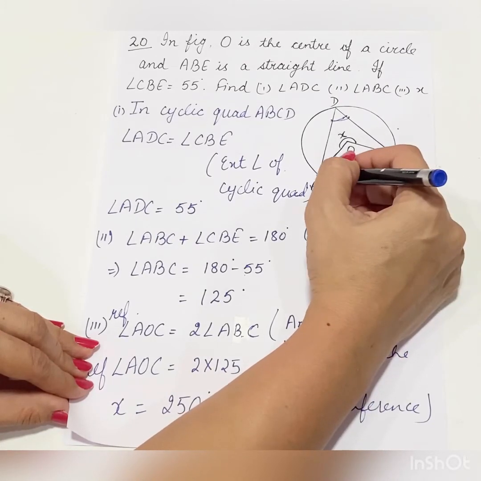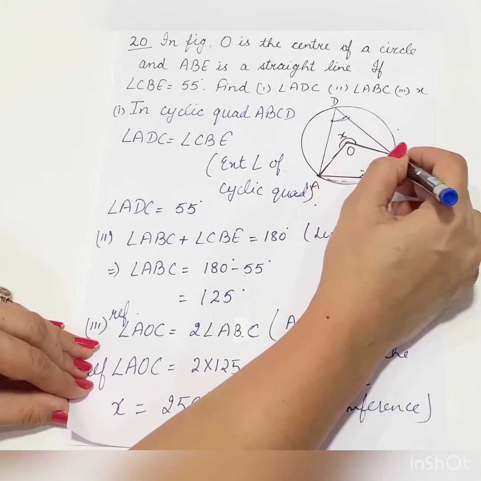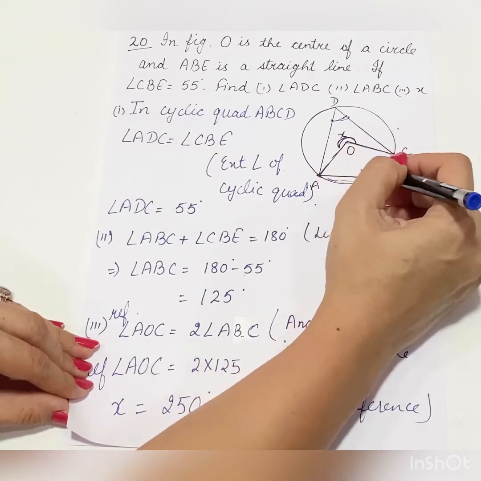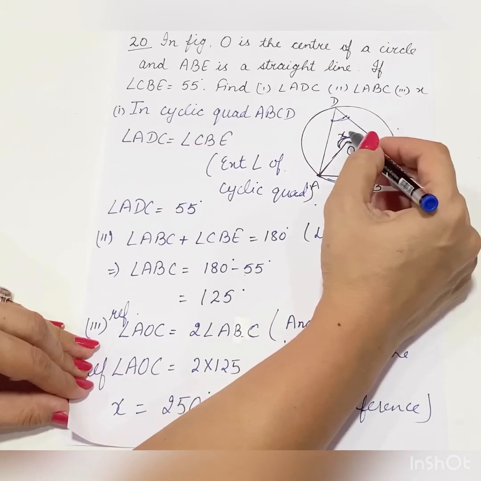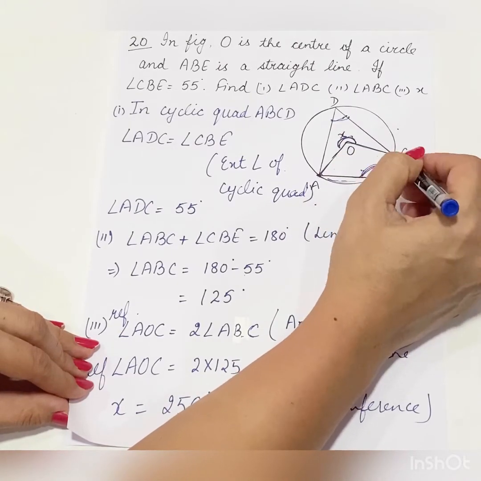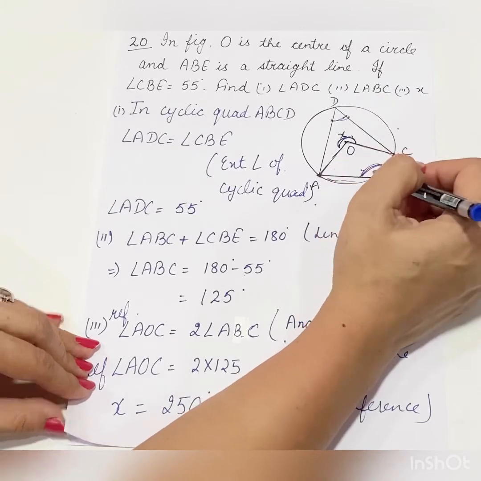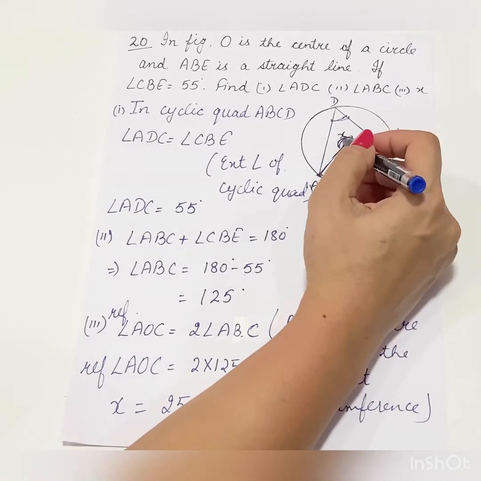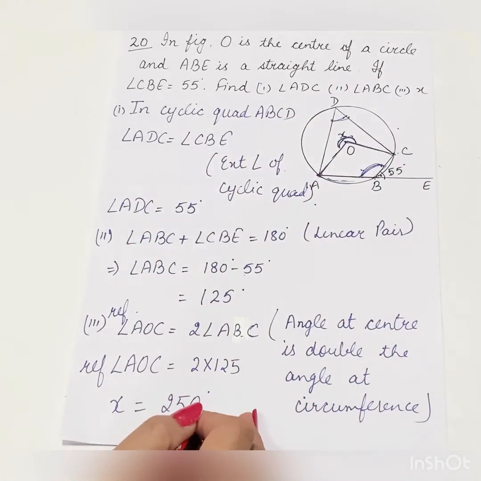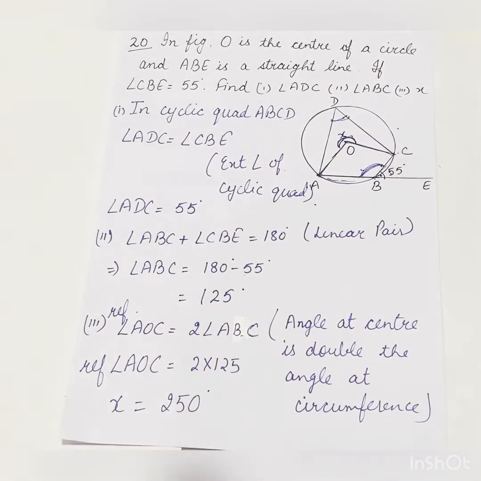This arc is subtending this reflex angle, and this reflex angle will be twice of angle ABC. This reflex angle AOC is twice of angle ABC, and this reflex angle AOC is represented by x. So the value of x comes out to be 250 degrees.